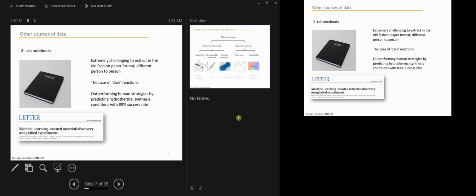If extracting data from literature is difficult, it's much more difficult from lab notebooks, because every person has a different writing style. Research groups differ from one another, and not all research groups are even willing to share their lab notebooks or their data. Especially in the old-fashioned format, it's very inefficient to use and extract.